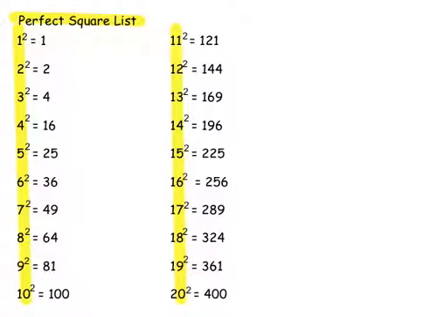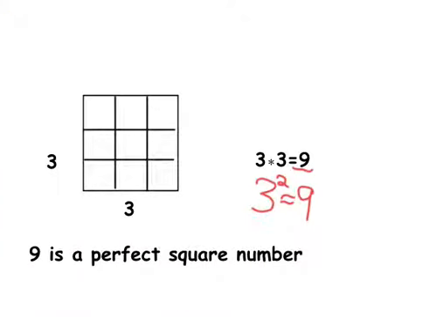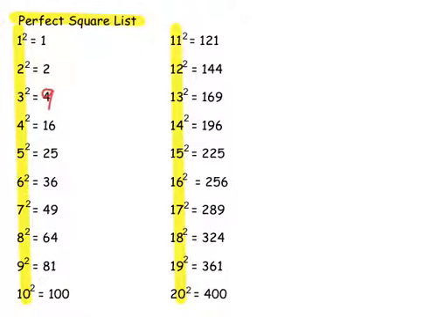That's why 9 is on your list. Okay? Another one, I could do 4 times 4, which can be rewritten as 4 squared, which means 4 times 4. And my answer is 16. 16 is on our list.